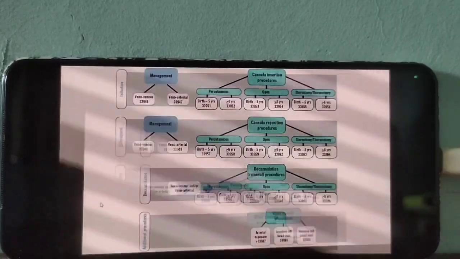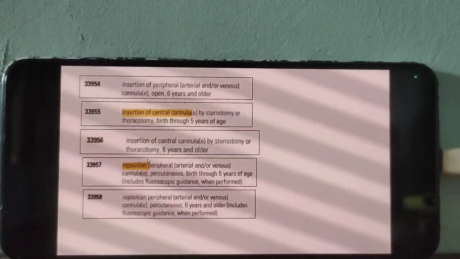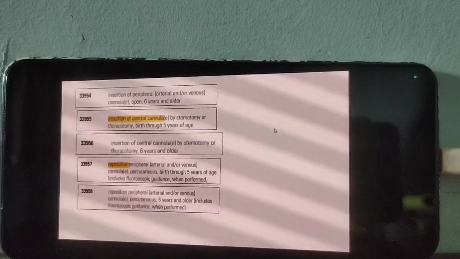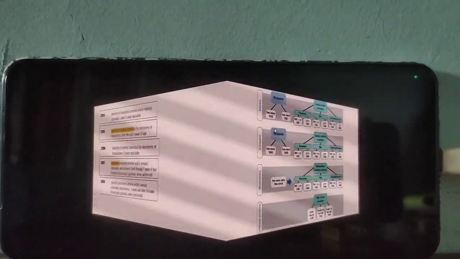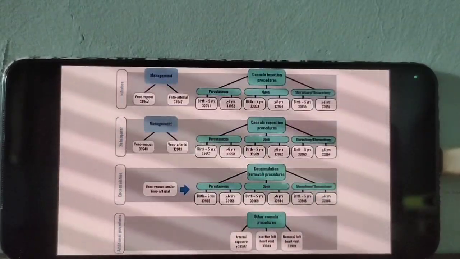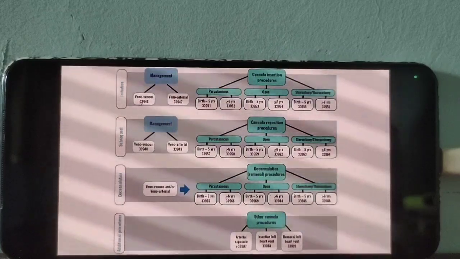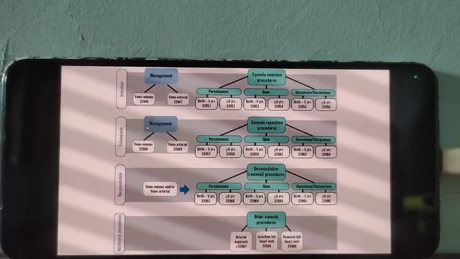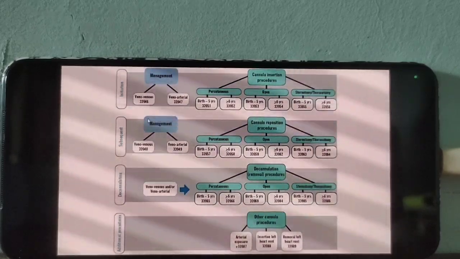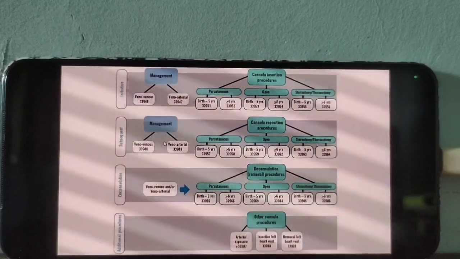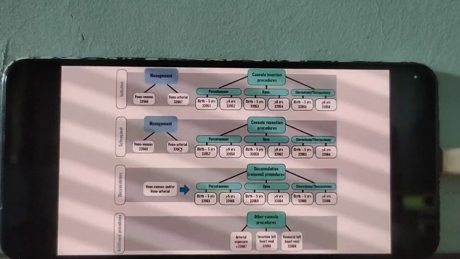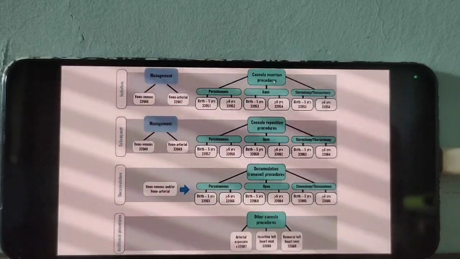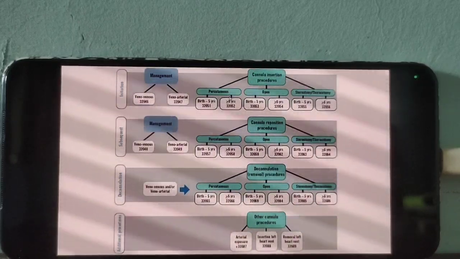Now all of these code sections are given in a flow chart. The above 2 code sections are for initiation of ECMO device, 33946 and 33947, and 33948 and 33949 for the subsequent day, daily management code. These 4 code sections are for ECMO cannula insertion.